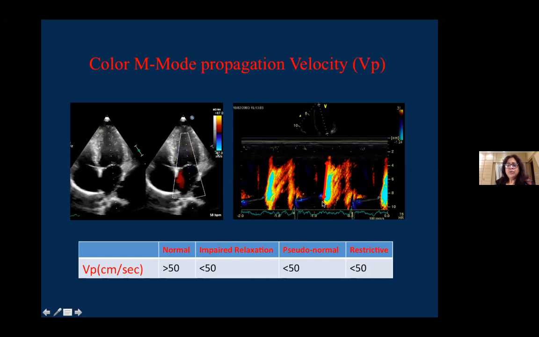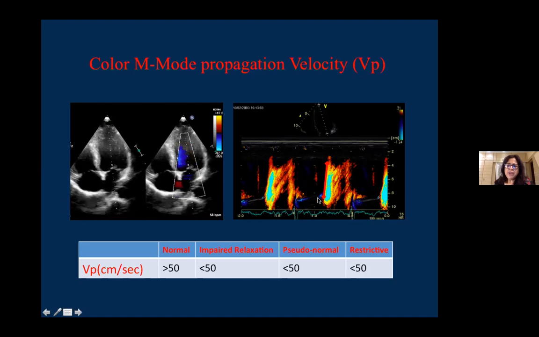What we do, see, this is the mitral valve level. You can see the tissue of the mitral leaflet. So we will start measuring the slope from mitral valve level. We'll go 4 centimeter inside the ventricle and we'll measure the slope.